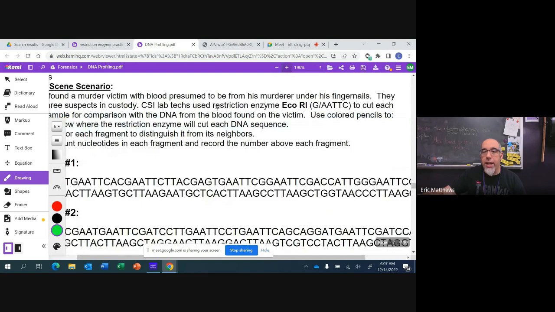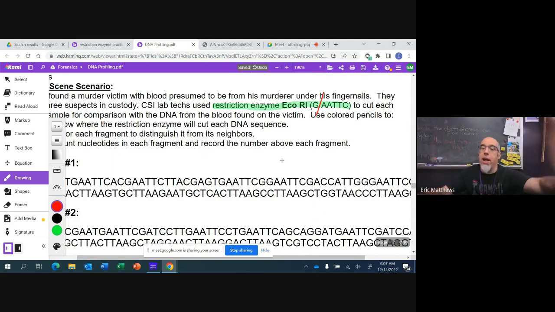The restriction enzyme that is being used cuts at this sequence GAATTC, those 6 letters in that order. It will cut just after the G. It'll cut right where you see the slash mark right next to it. So it will cut through here.